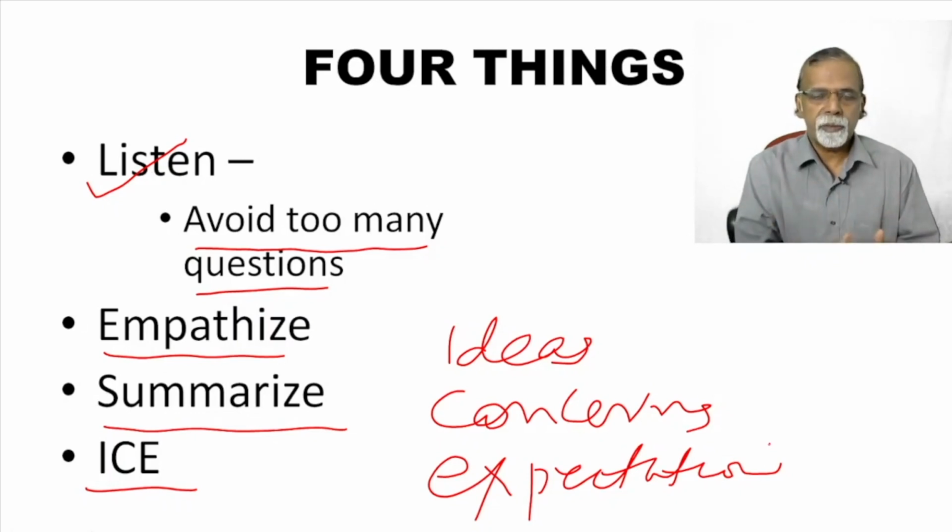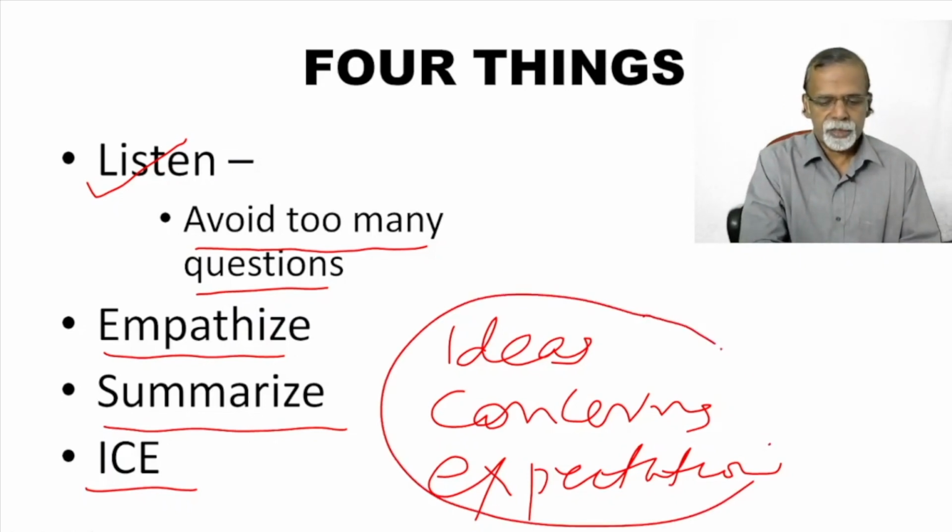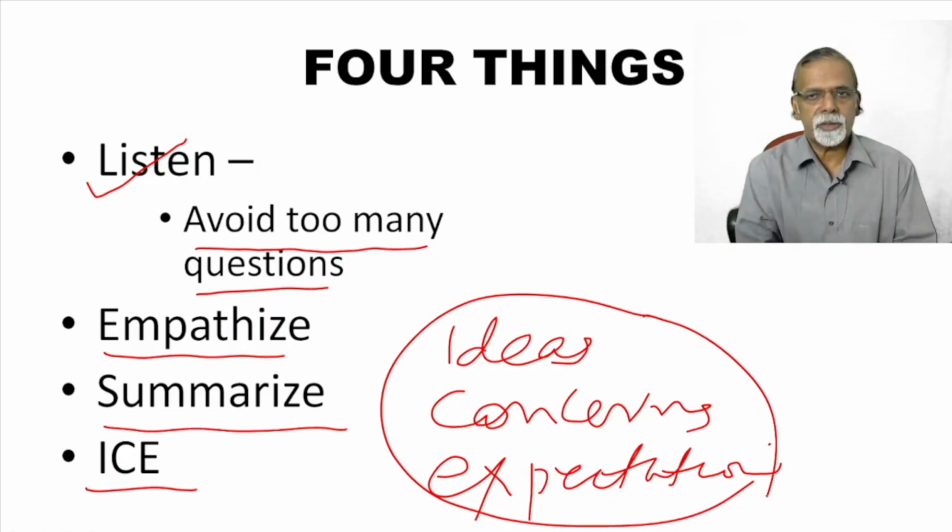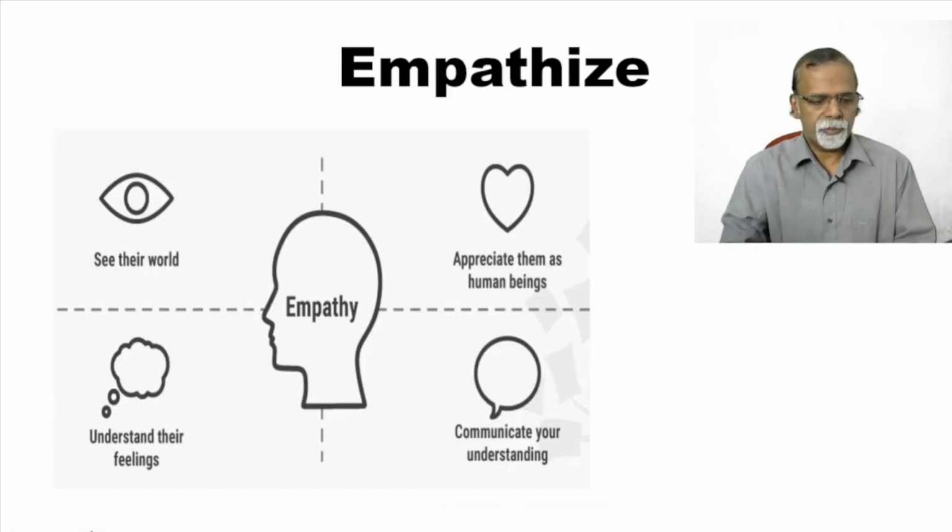They may be worried about many things. It may not be the disease that they are worried about, it may be related to their occupation, their ward's study. So we should ask into their ideas, concerns and expectations. These are the 4 things we should be taking into consideration when you are taking the history of a patient.